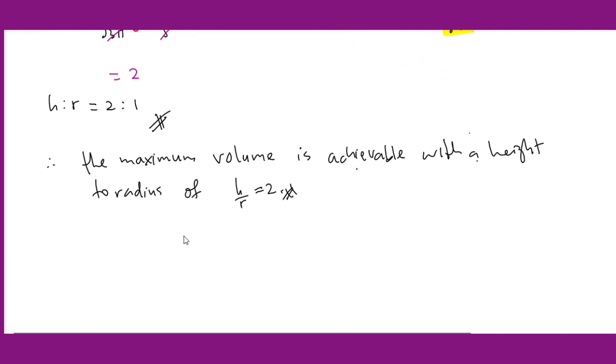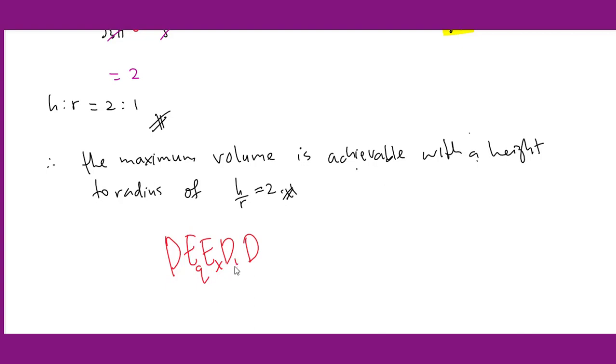To solve this optimization problem, just remember: first, D is draw a diagram. EQ is write an equation for the quantity whose maximum or minimum you want. EX is express the quantity in a single variable.